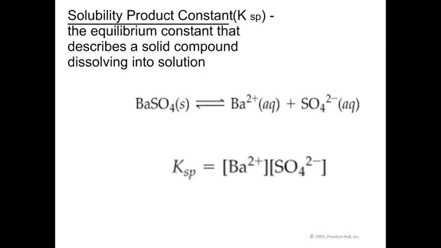These values are going to be less than 1, and that reminds us that these are very much reactant favored. So the solid is what predominates.